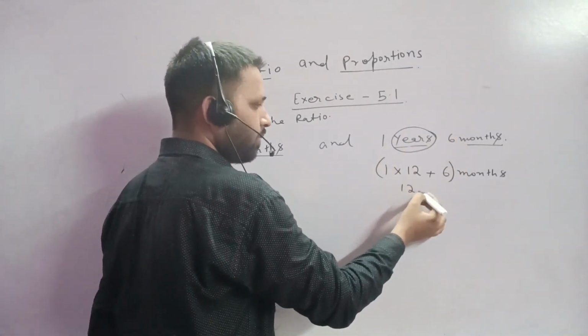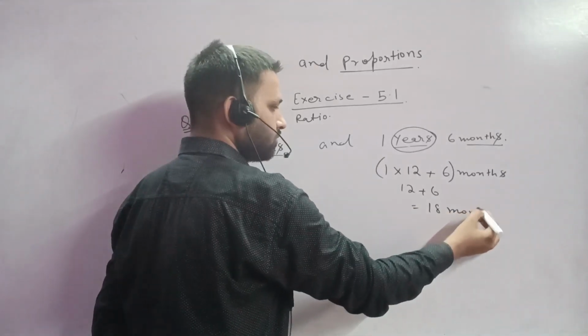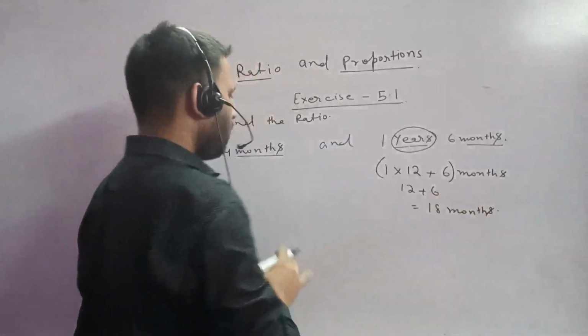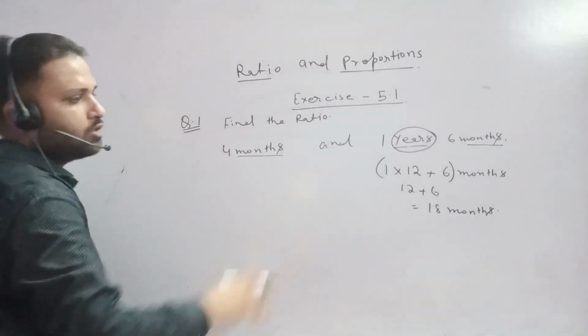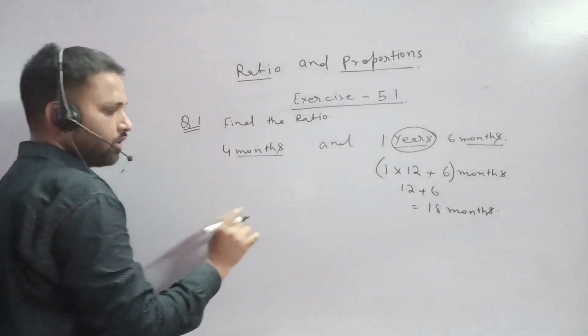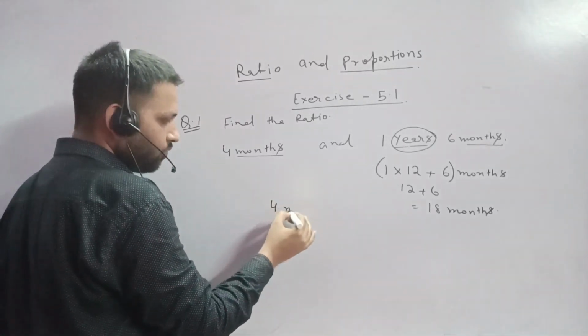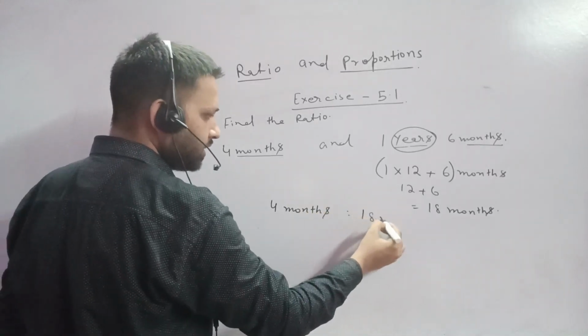Then 12 plus 6 is equal to 18 months. Now we can see both quantities are in months, so we can compare. Here you write 4 months is to 18 months.